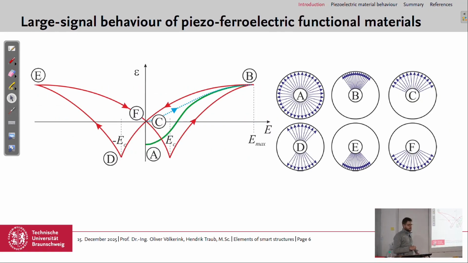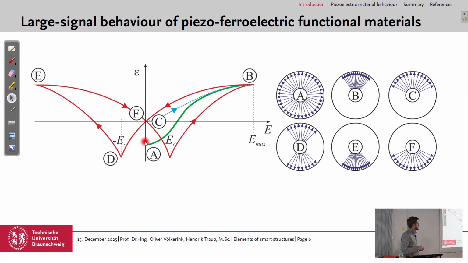So recap from yesterday, we introduced the large signal behavior of the piezoferroelectric functional materials. We saw also the butterfly curve in the experiment in the evening, but we can quickly go through it again as a recap because it's really an important plot and could also be part of the exam.